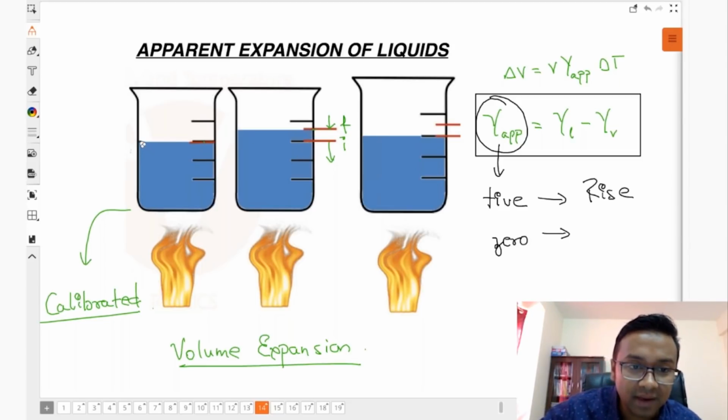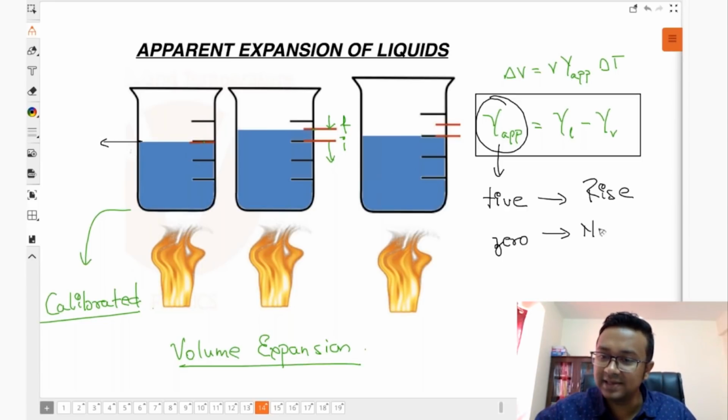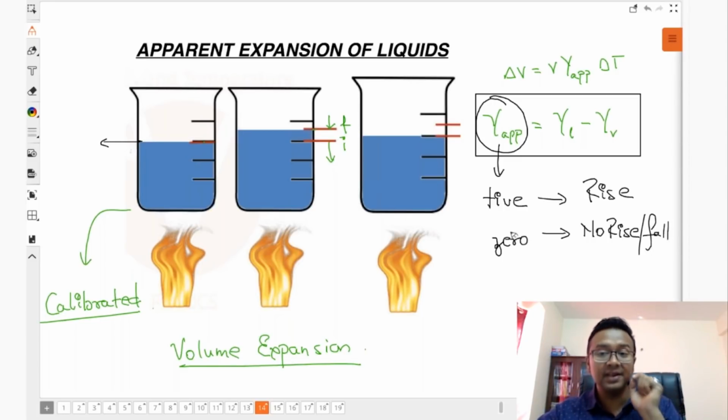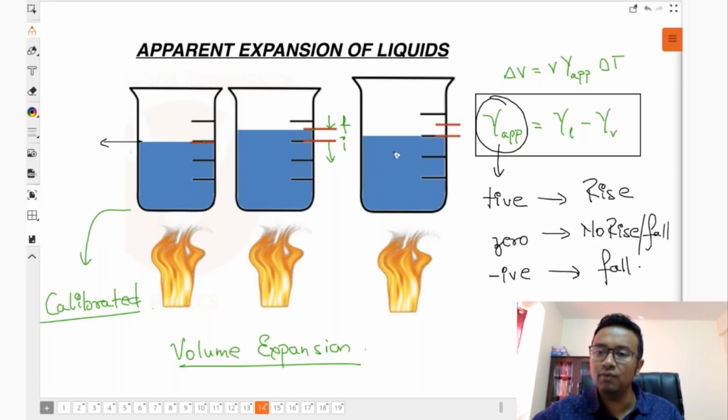That is, water is going to remain at this level only, no rise or fall. And if, my dear students, my gamma apparent is negative, then it is technically going to fall. All right, students.